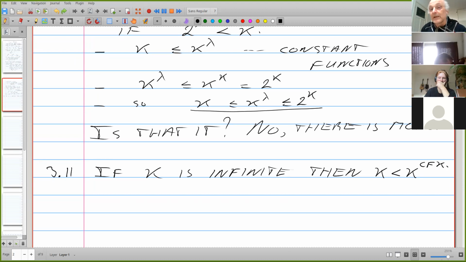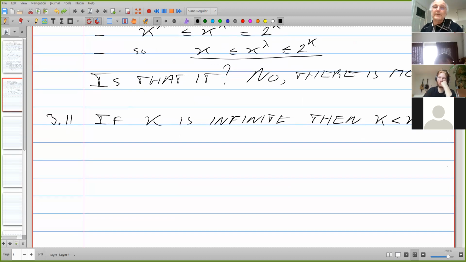The proof is diagonalization, because that's basically the only thing we can do. So we do the diagonal thing.